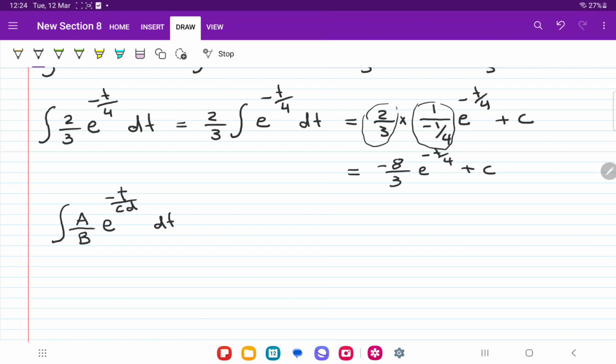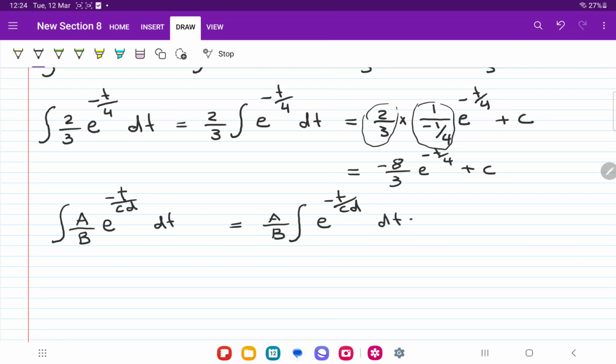As you can see, the only variable here is t. So a, b, c, d are numbers or constants. The first step is to take a over b outside the integration, e to the power minus t over cd dt.